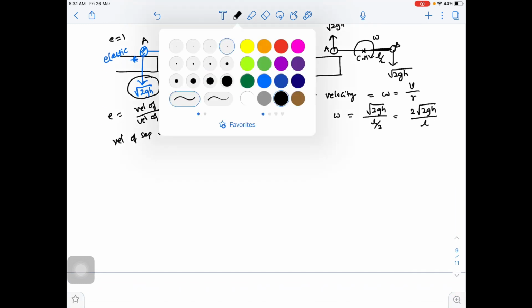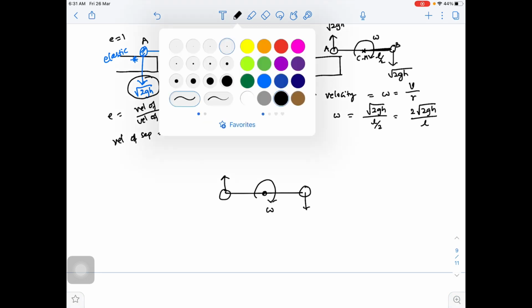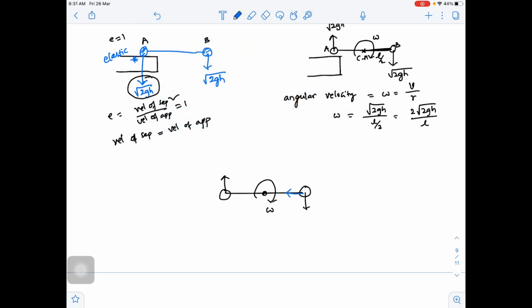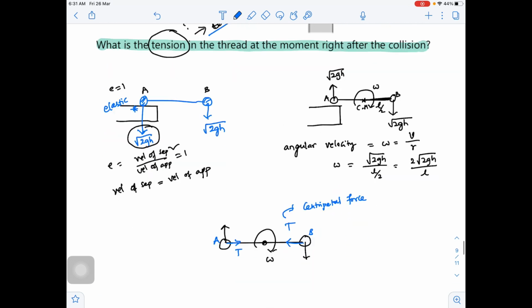We have a dumbbell with different velocities, rotating with angular velocity omega, and the question is about the tension acting. Tension will act along the string, away from the objects. You can take tension on any particular object like A or B. Ultimately tension is acting towards the center, so this will contribute to centripetal force. So one of our ideas is going to work, that is centripetal force.